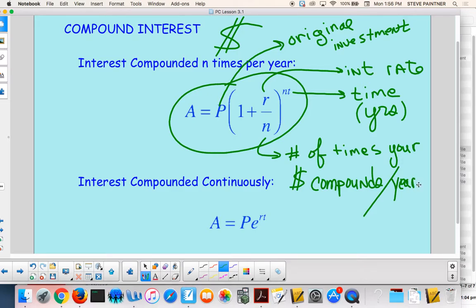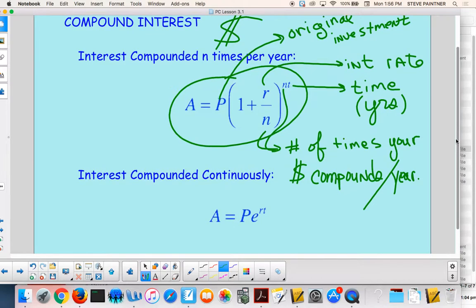Do you understand when you go to the bank, how many times per year it pays you? Four times. So the word for 4 times is quarterly. So if I say you're getting paid quarterly, that number is 4. This N goes with this N. Now, if I say monthly, that number is 12.